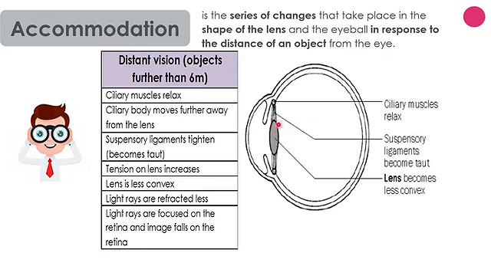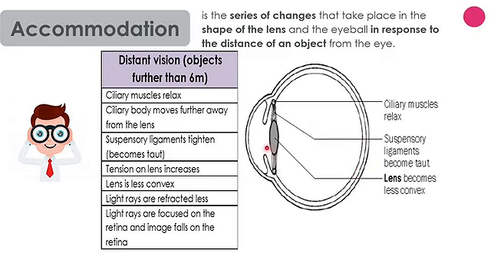So you can see that in this case, my lens is flatter in shape. The light rays are refracted less, and then the light rays are focused on the retina. Now the retina is this back part of the eye, and the image falls on the retina.